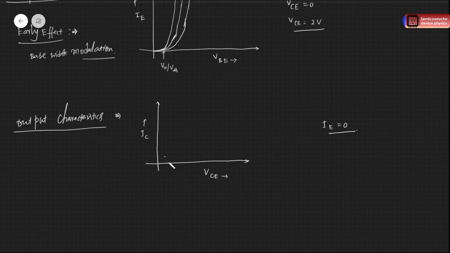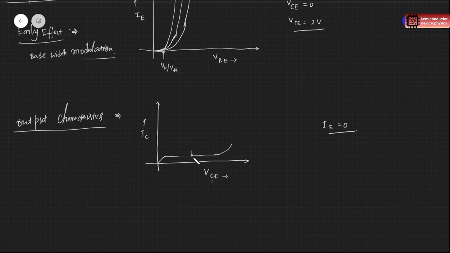So the current flow will be the reverse saturation current, which is ICBO, which is almost constant. If you apply some more of VCE, then the diode may break down.